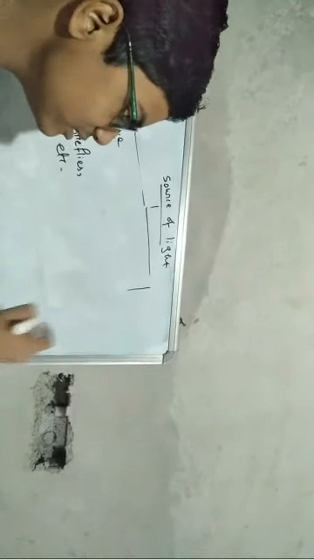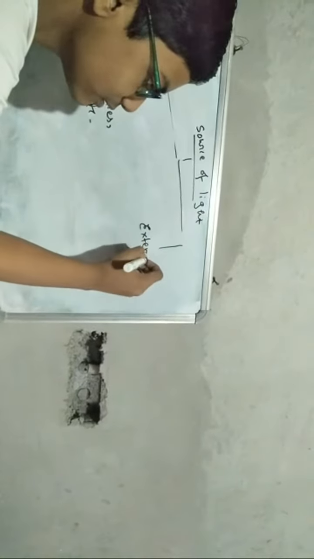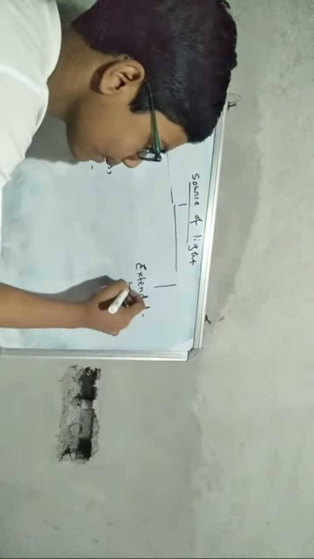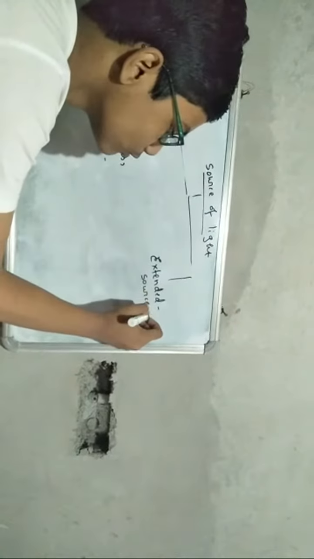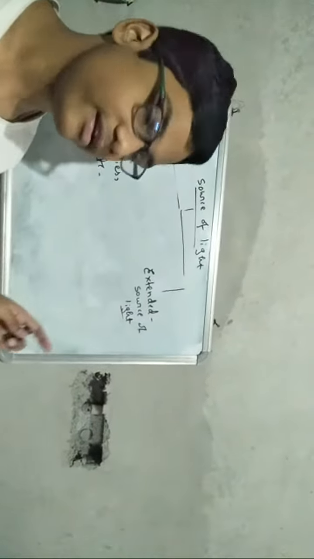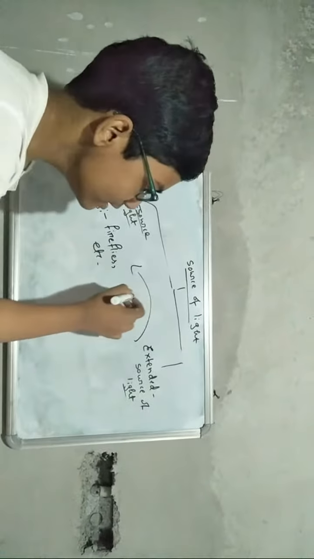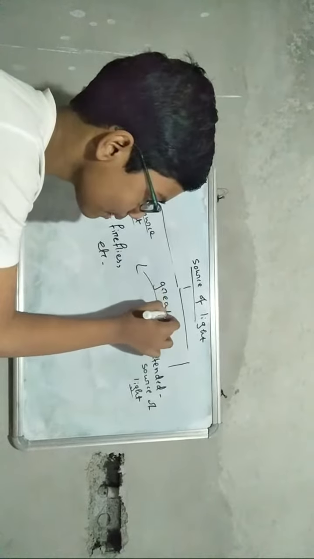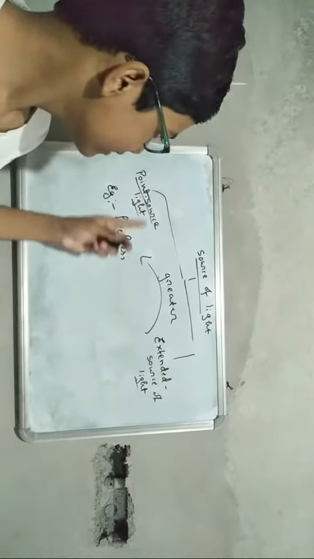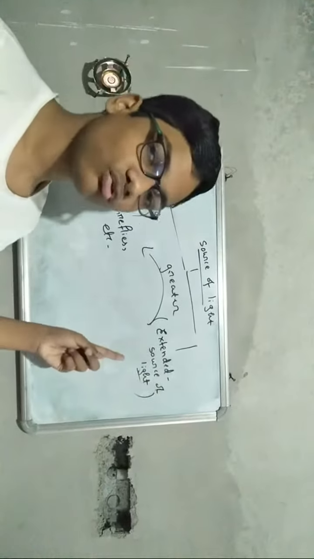Another one coming is the extended source of light. Any source of light greater than a point source is known as an extended source of light.